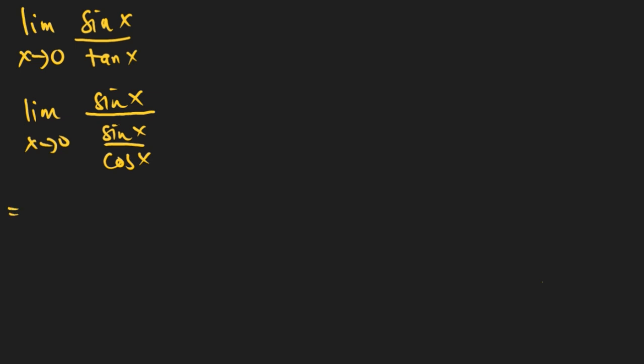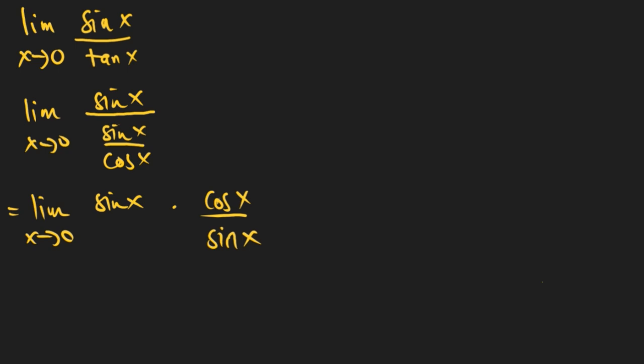So now you have sine x dividing sine x over cos x. So that will be times cos x over sine x, because when it's division, you change it to multiplication and then you flip the next fraction.